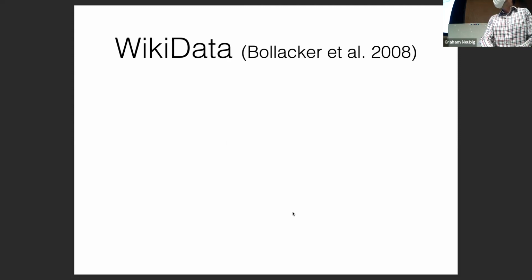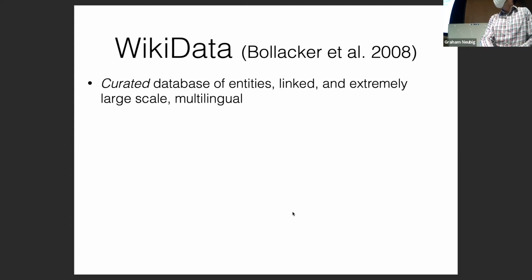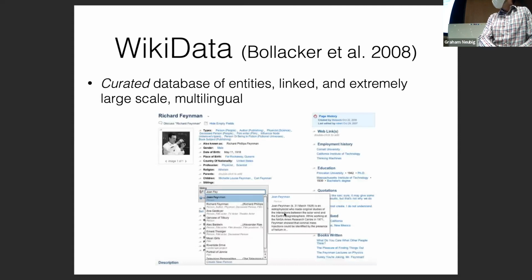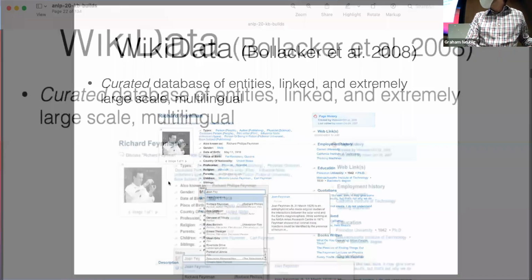And Wikidata is essentially a very large knowledge base, curated, large scale, multilingual. This is an example from Richard Feynman that has things like types, also known as, gender, date of birth, place of birth, country of nationality. And this is pretty extensive.